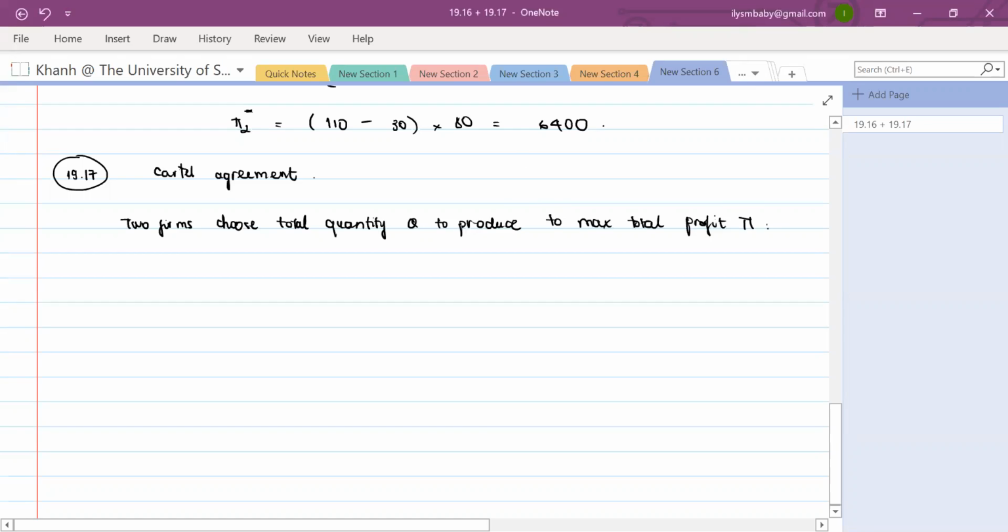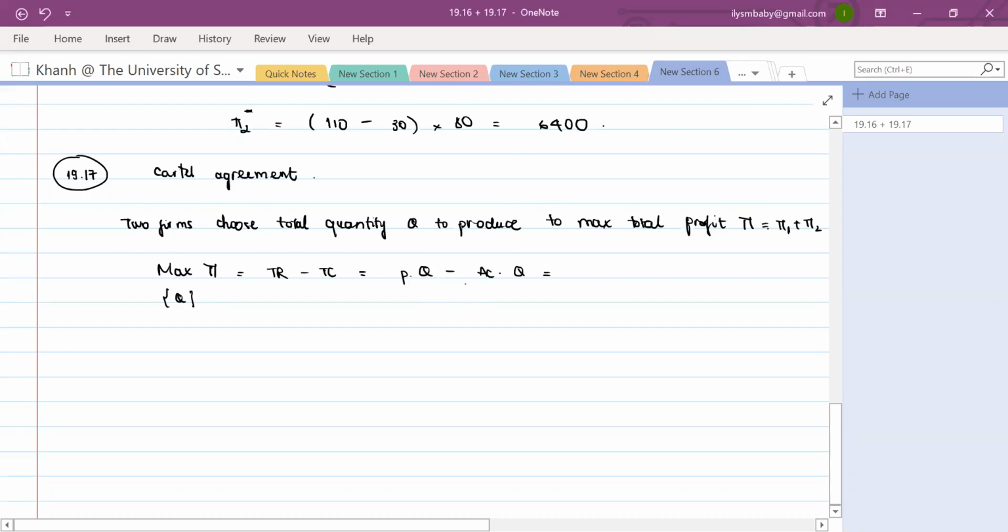So it's basically the total profit, which is the profit for firm 1 and the profit for firm 2. So they maximize the total profit by choosing the quantity big Q, where the total profit for the two firms is equal to the total revenue for both the firms minus the total cost for both the firms. Total revenue is just the price multiplied by the total quantity sold in the market. And the total cost is just the average cost times the total quantity that the two firms are selling to the market.